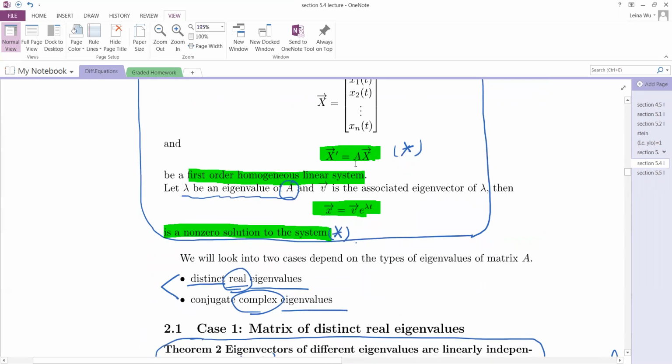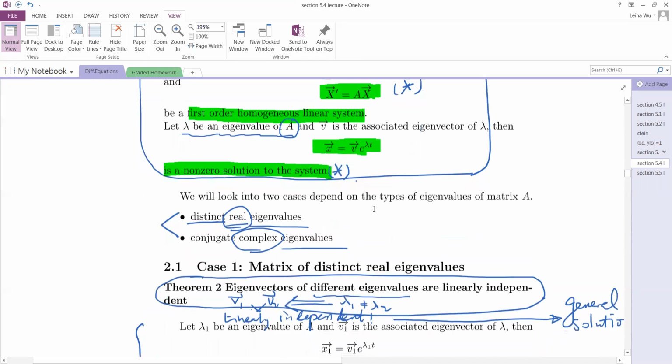Here A is the coefficient matrix. If you have such a homogeneous linear system, we can get a solution vector x, which will be v, any eigenvector, times e raised to the eigenvalue lambda times t. Case 1, which we focused on last time, is when matrix A has distinct real eigenvalues.